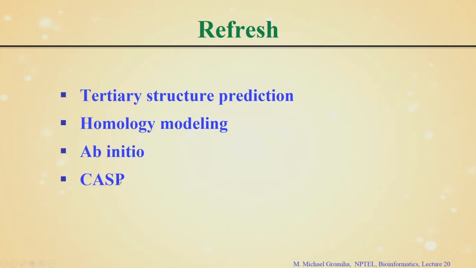Even if it is not possible, then you can try to use the ab initio methods. You can start from scratch, and this is based on physical energetic calculations. So, you can get the structures for any protein sequences. CASP is the competition for the structural prediction algorithms. You can submit and then be evaluated based on known 3D structures.